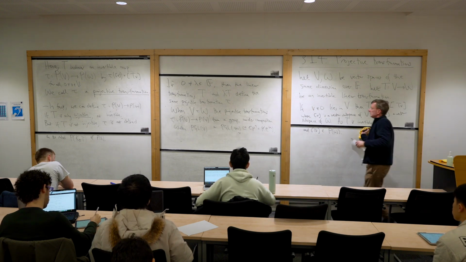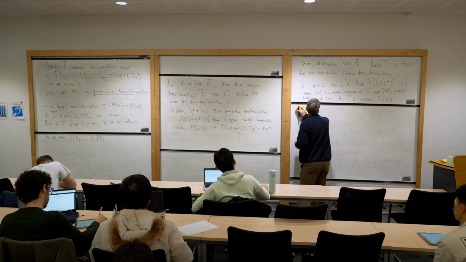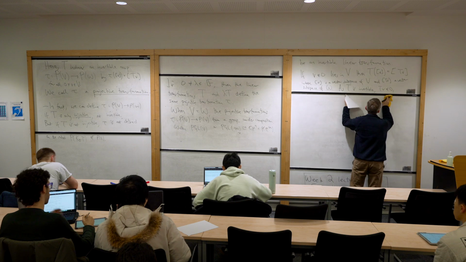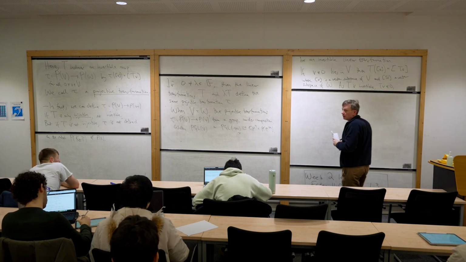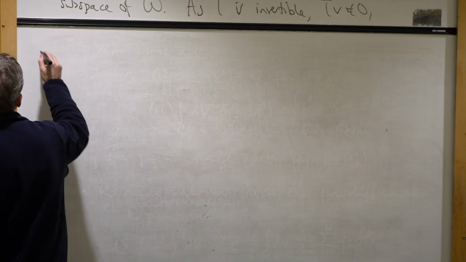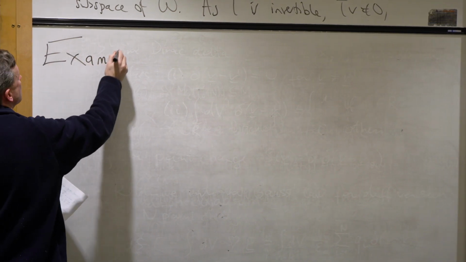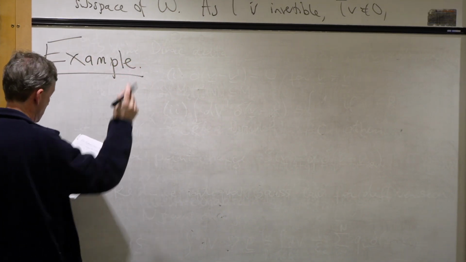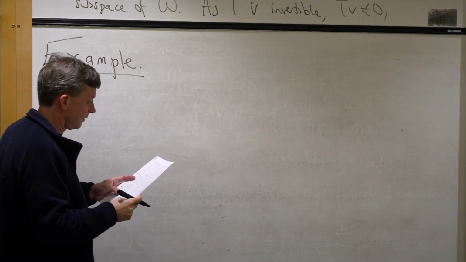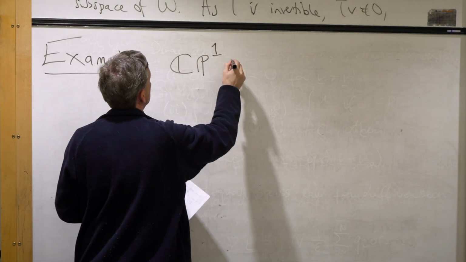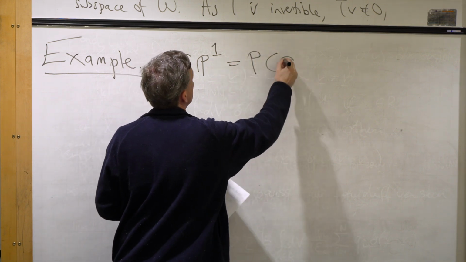Right, so let's look at an example. In the simplest case of dimension 1 projective spaces, let's relate this to something you hopefully already know about from complex analysis. Well, let's look at the complex projective line. CP1 is P of C2.